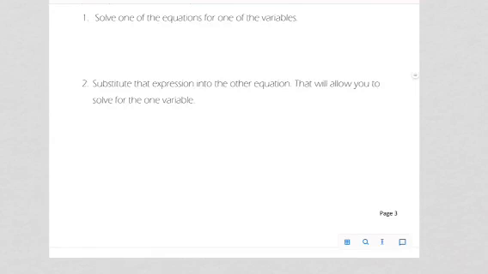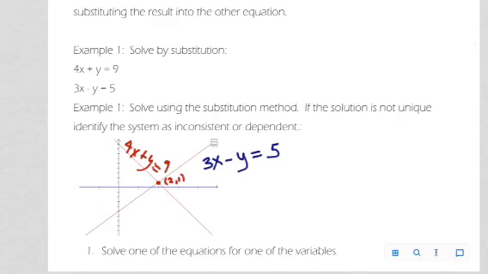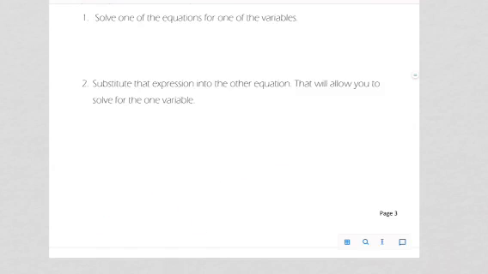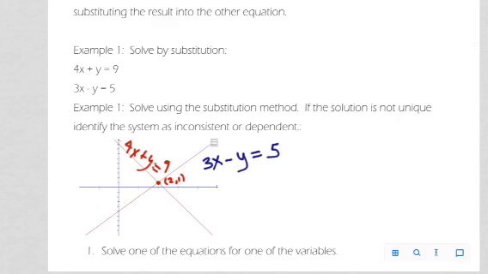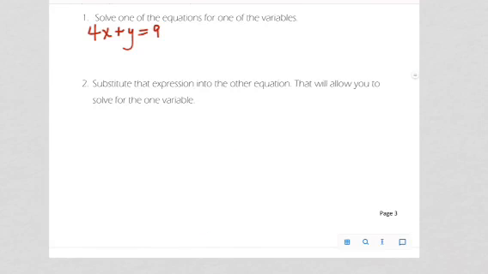We want to solve one of the equations for one of the variables. I don't remember the equations, so I need to go back and get them. 4x plus y is equal to 9, and the other is 3x minus y is equal to 5. So we're going to solve one of the equations for one of the variables.